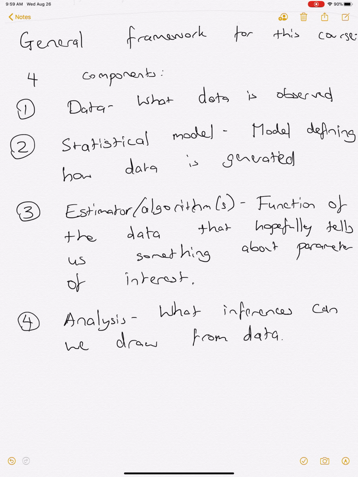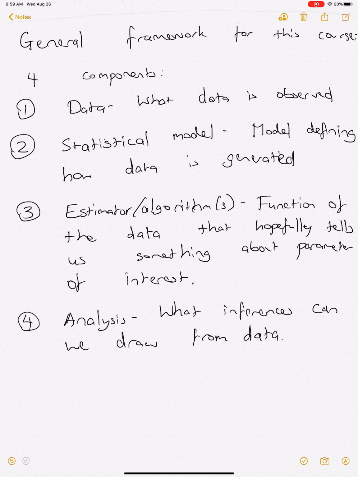The next thing, which is something that we'll introduce, is this notion of a statistical model. A statistical model is really useful because it allows us to firstly determine how the data is generated. Usually you don't know this exactly, but if we start with a statistical model, this allows us to discuss various properties that we'll see shortly.